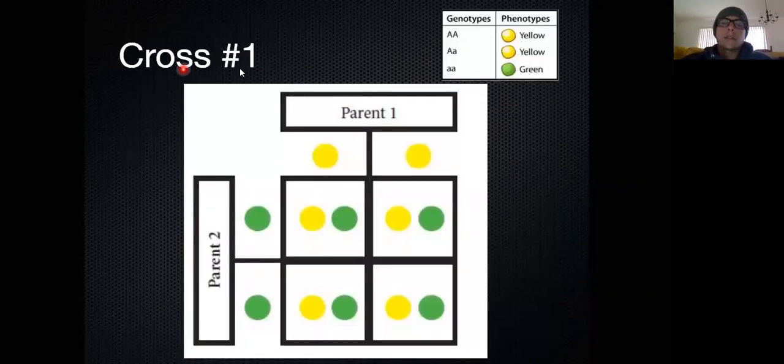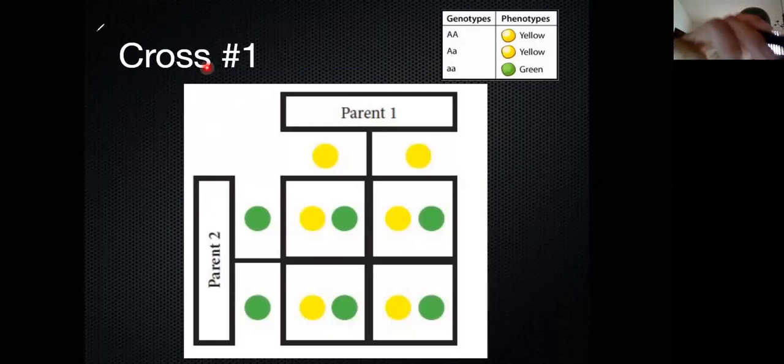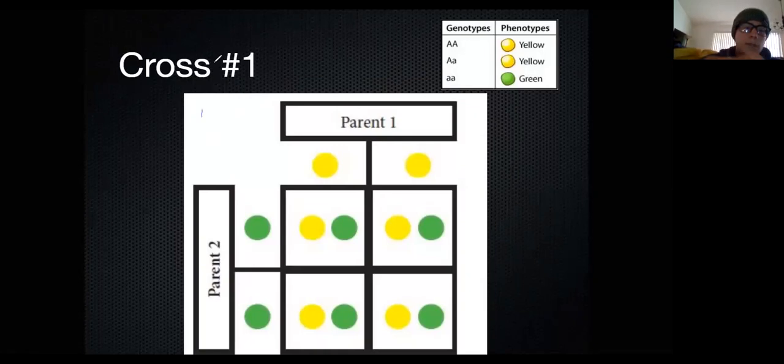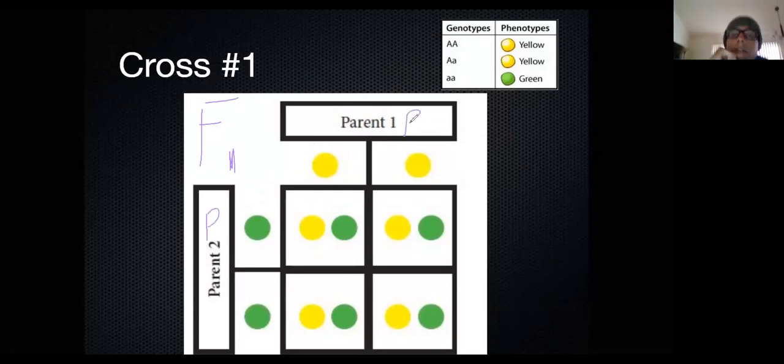Well, let's just zoom in on what his crosses were actually doing. This is the F1 generation here. So what he did is he took the P generation, the parents, and he crossed them with each other.